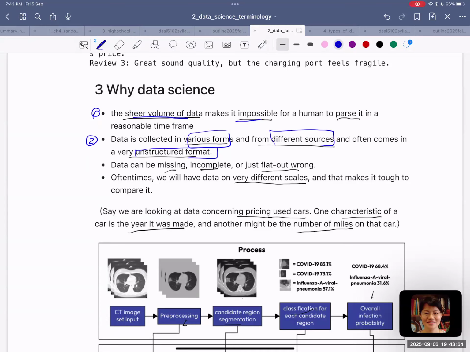The first one, various forms. How can we deal with them? Do we need to unify them, or do we have multimodality methods that can simultaneously deal with different formats? For example, in one of our recent works, we have to deal with the fundus images of two eyes, 眼底图片.